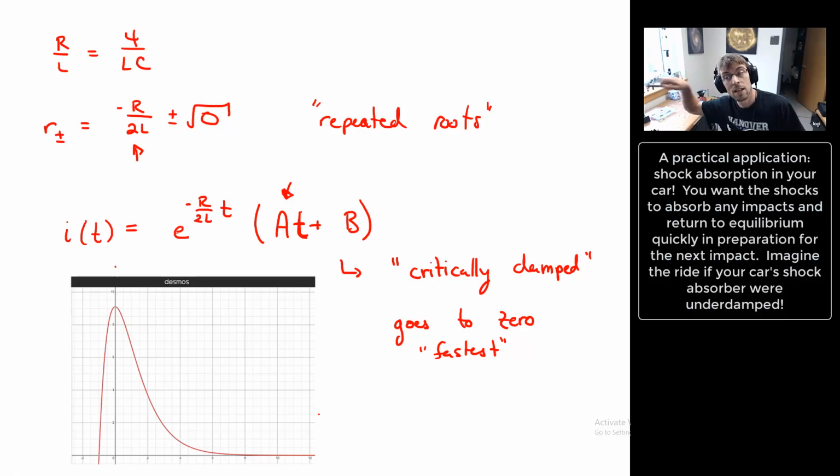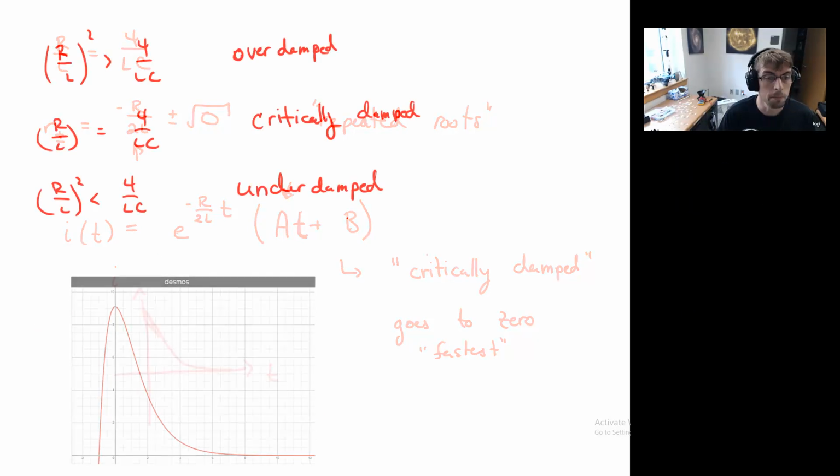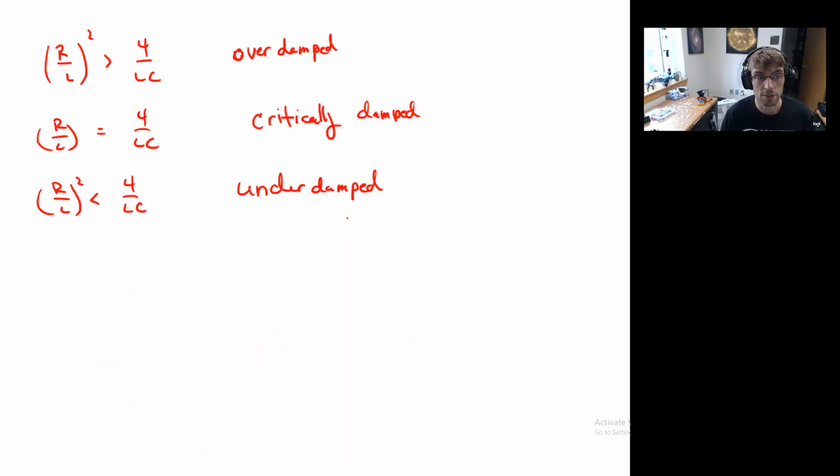It oscillates, and that oscillation will take a bit of time. For the overdamped situation, again, it doesn't go to 0 as fast. Critically damped is that perfect case, it goes to 0 without any excess time. So you have your three situations.